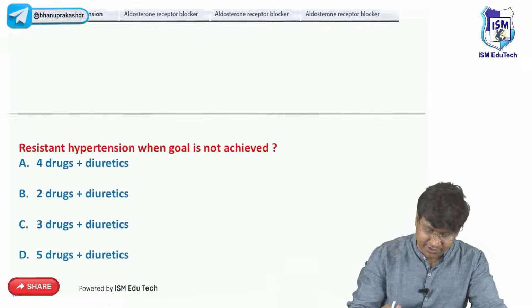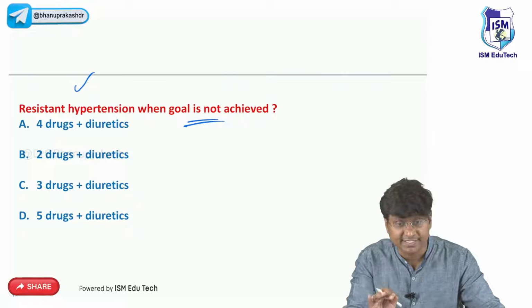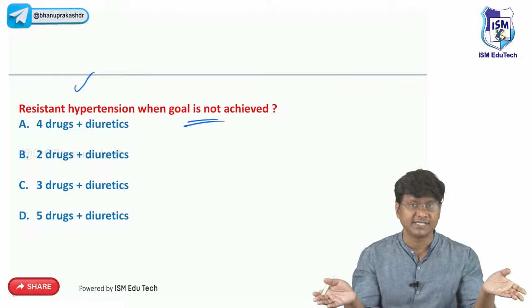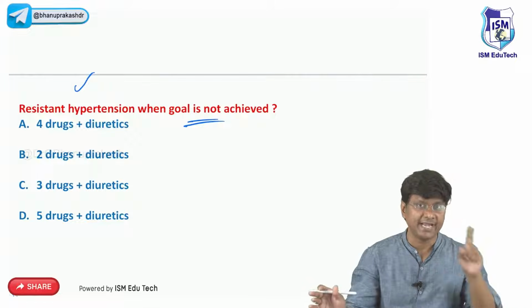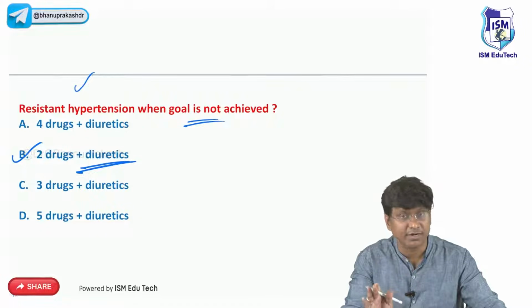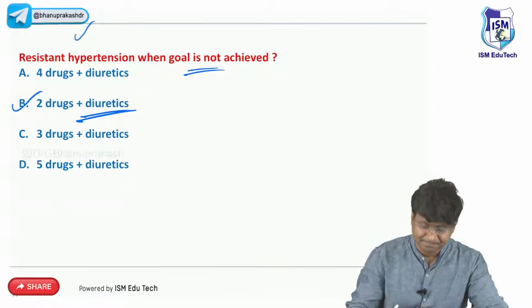Then the next question is, when do you use the word resistant hypertension? Resistant hypertension is when the goal is not achieved, when the patient is taking 3 drugs of different classes, at maximum dose, and out of the 3 drugs, 1 drug should be a diuretic. Okay, so that is your resistant hypertension.